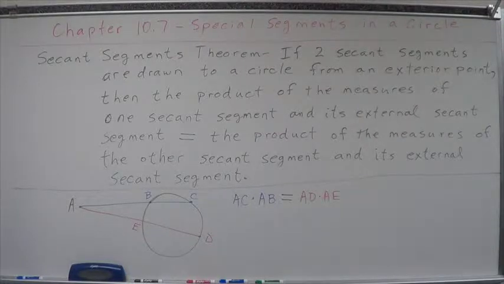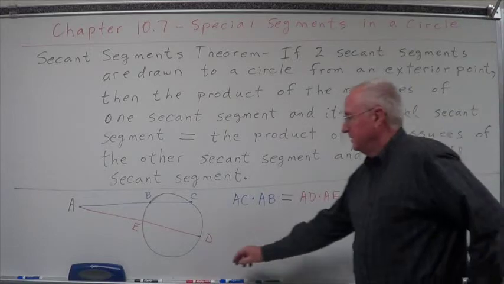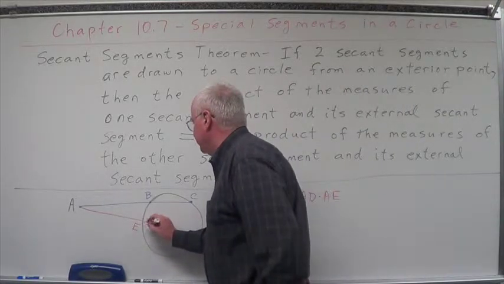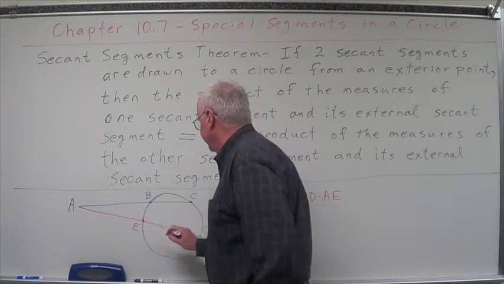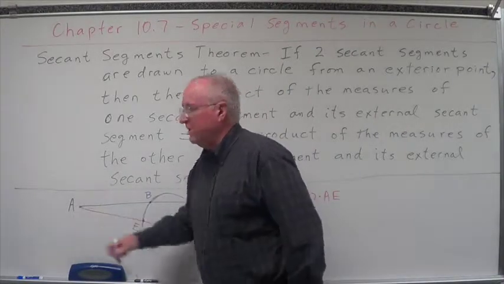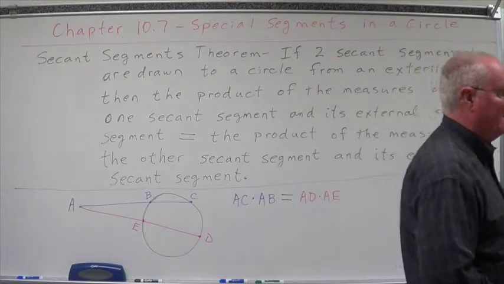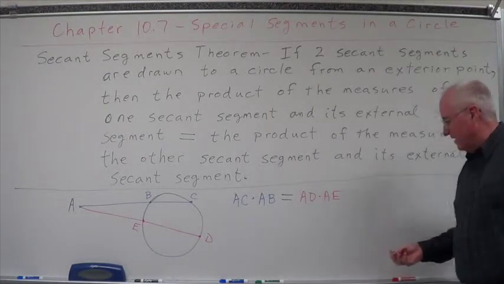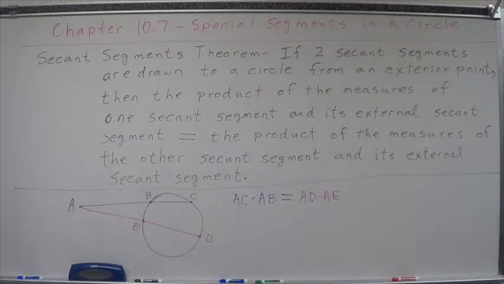You understand what we have? Two secants. They intersect that circle at 2 points. Each one does, at 2 different points. They just happen to all originate and start at the same point and intersect outside. We talked about exterior intersections on the last one when we talked about calculating arcs and angles.